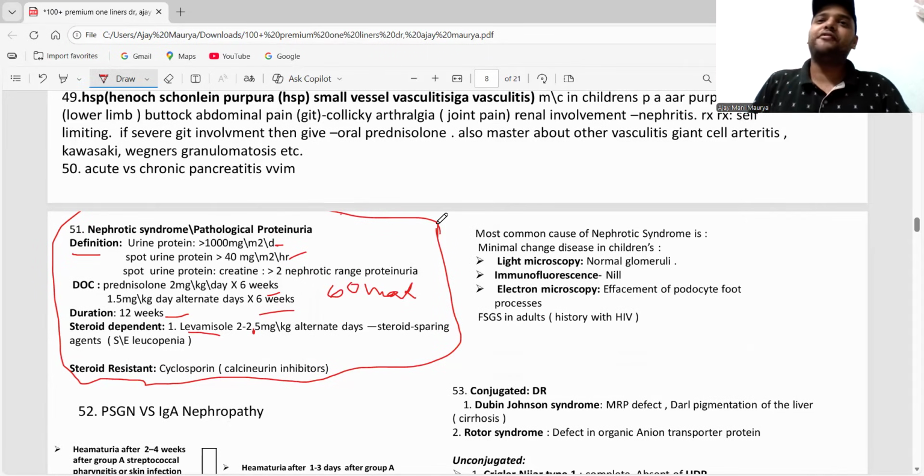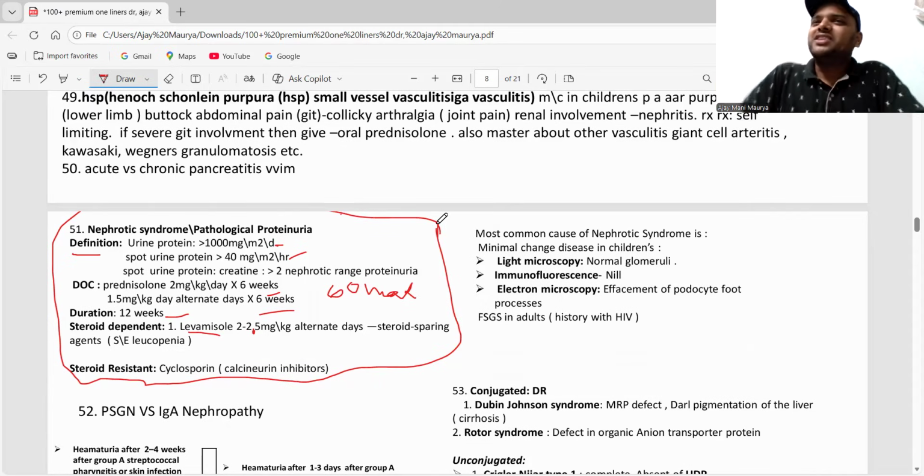It is FSGS. Here is one trick: if the examiner is asking about FSGS, they will give the history that the patient has HIV. Mostly an HIV patient has FSGS. In children, the most common is minimal change disease.